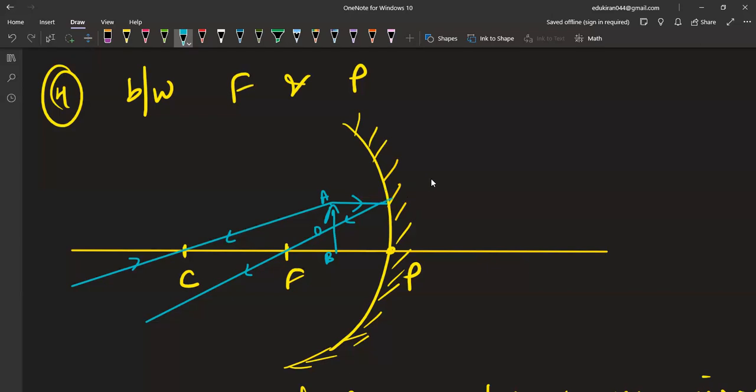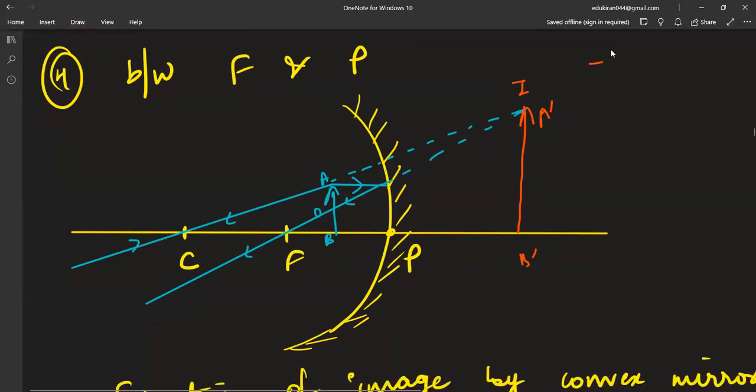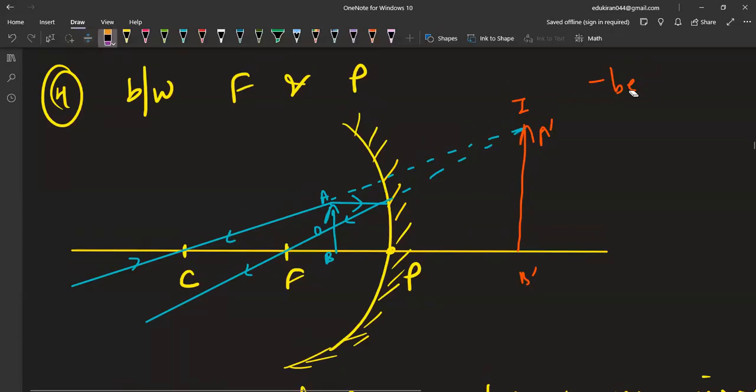When you extend it, there is an image formed behind the mirror. That is not a real image because it is formed somewhere behind the mirror. This is a virtual image. So what are all the characteristics? When you keep the object between the focus and pole, you obtain the image behind the mirror.